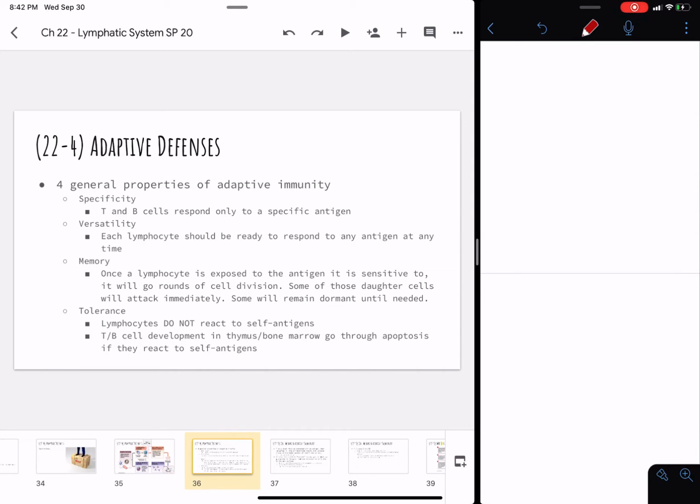We want them to be accepting of self cells. But if they start attacking self cells, you start running into autoimmune diseases where your own immune system is attacking itself. And that also makes it completely useless and problematic.